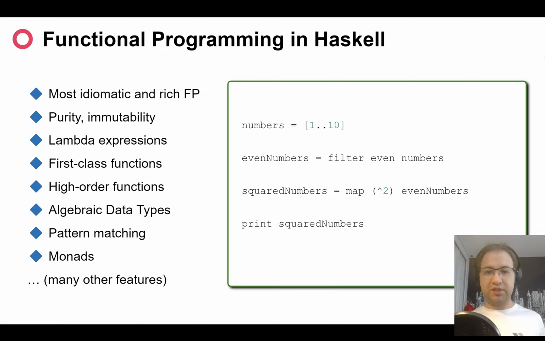Well, here we see a simple program that defines numbers, then gets only even numbers, then gets squared numbers from that filtered set, and then prints them. This is a step-by-step definition of the program. Well, actually, it's not step by step when it's compiled. It's still an expression.